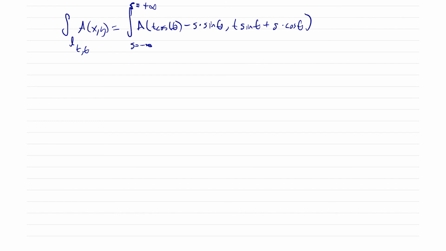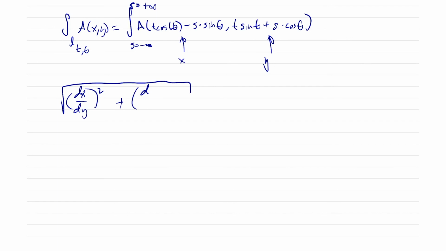And what you can see is that if this is our x and this is our y, then we have the square root of dx by ds squared plus dy by ds squared.